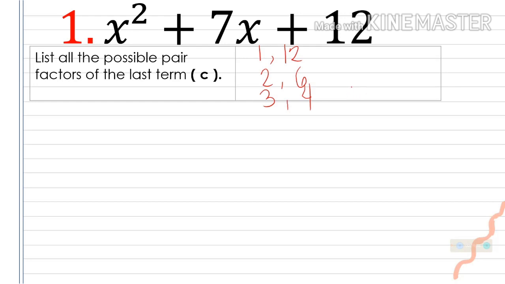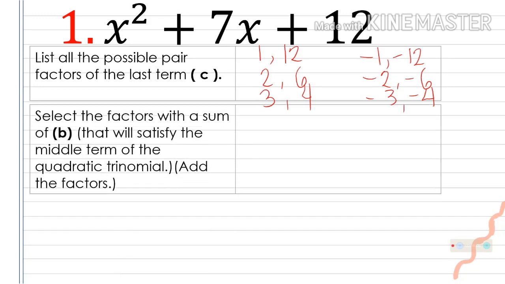And also, since they are involving integers, you can also have negative 1 times negative 12, then negative 2 times negative 6 and negative 3 and negative 4. All of these pairs of numbers have the product of 12.